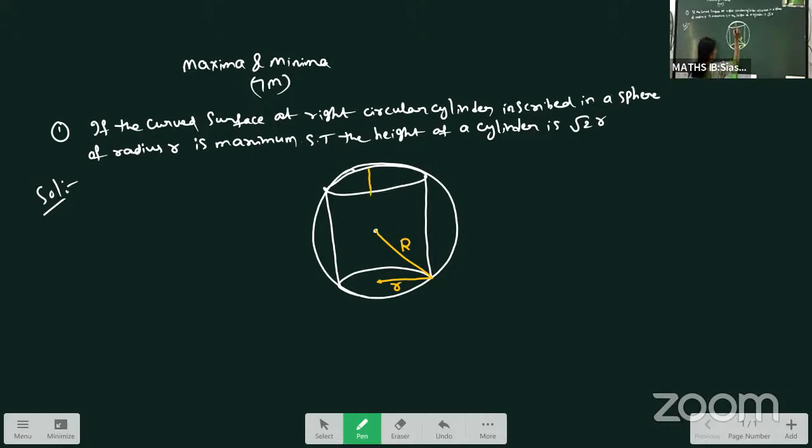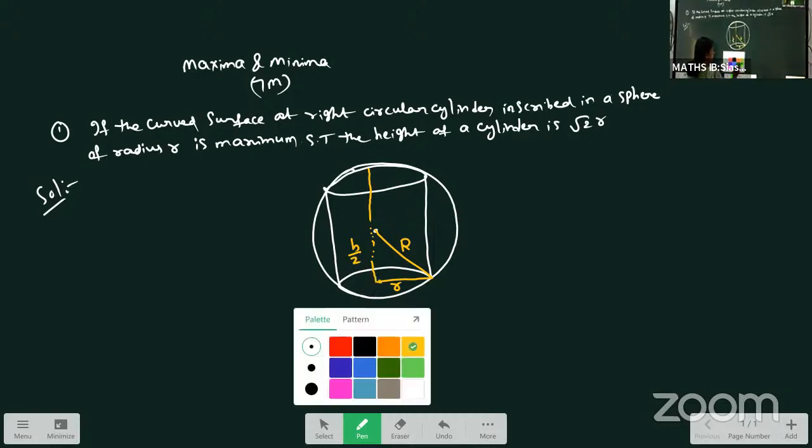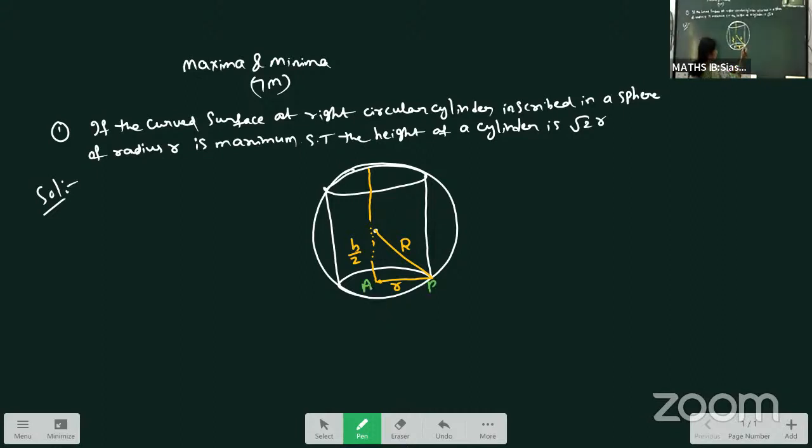Take the height of the cylinder as h, so this becomes h by 2. So name them: this is A, this is B, and the center is always O.